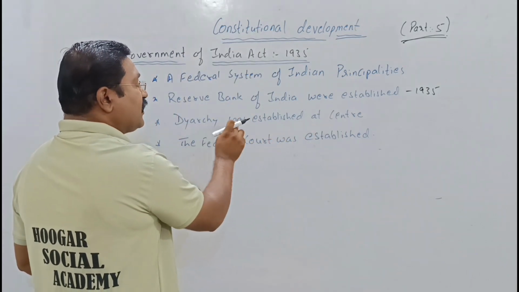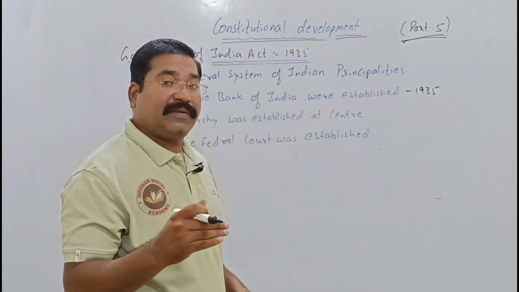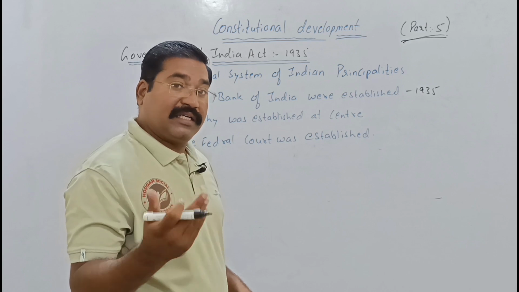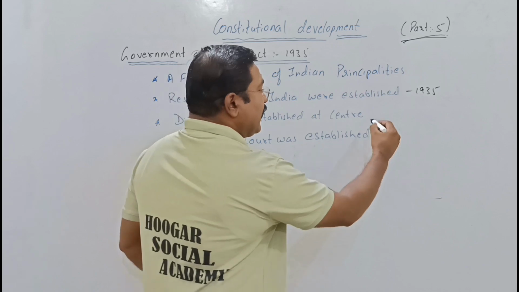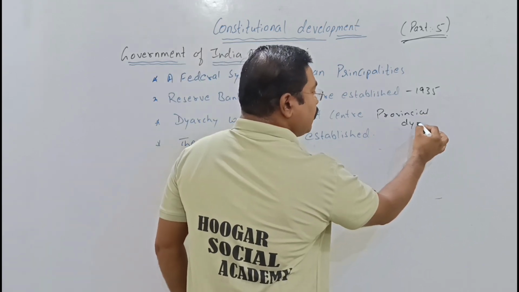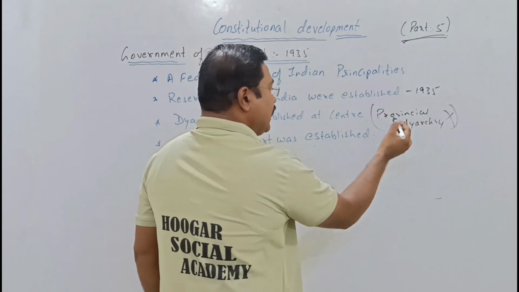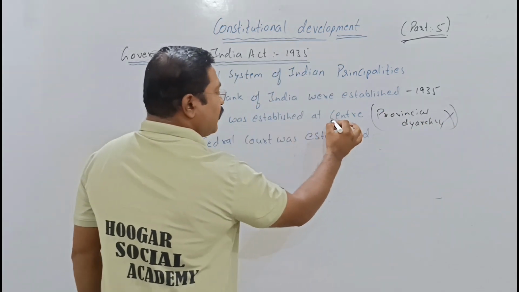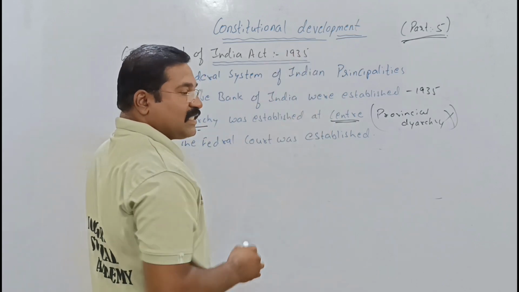Dyarchy was established at the center. In the previous act we studied Dyarchy, two forms of government. Now the Dyarchy which was there at the provincial level was cancelled. Instead of the provincial level, Dyarchy was brought at the center. And the Federal Court was established.